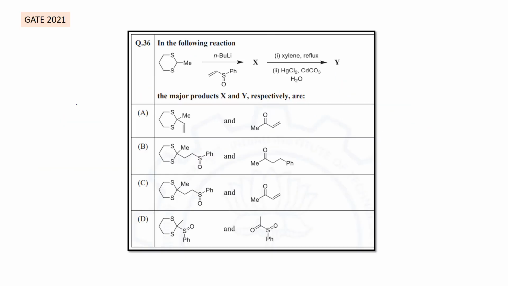Let's go to our next question. So in the following reaction, what will happen? What will be our X and Y? So in presence of strong base, there will be a proton abstracted, forming an anion.